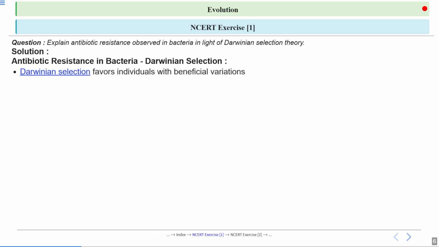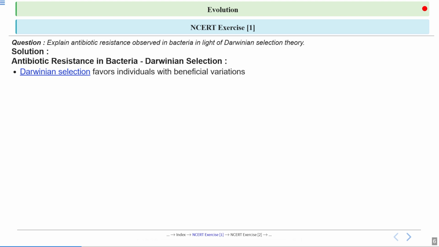Darwinian selection always favors individuals with beneficial variations. Those variations which are beneficial for that organism or species are selected by nature. These are transmitted to the next generation.